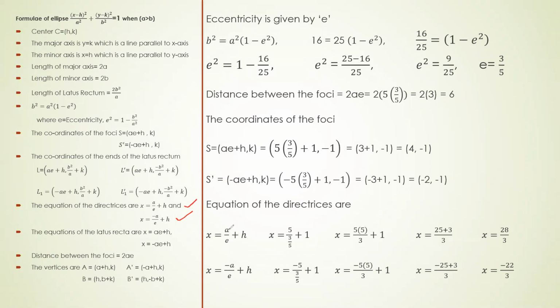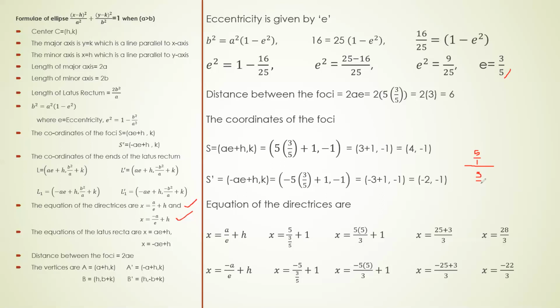Now we will substitute the a value and e value. The a value is 5, whereas the e value is 3 divided by 5. Substitute, plus 1. Now this you can write as 5 divided by 1 whole divided by 3 divided by 5.